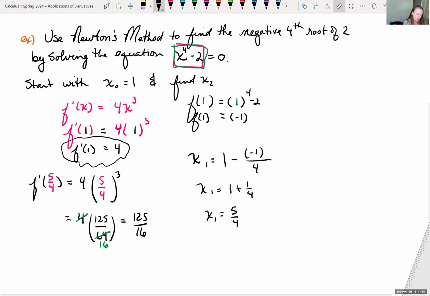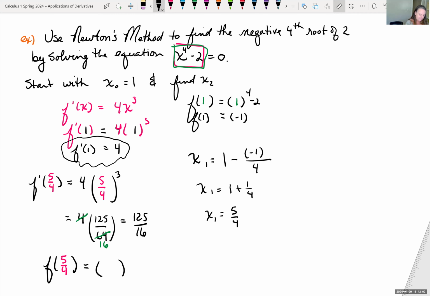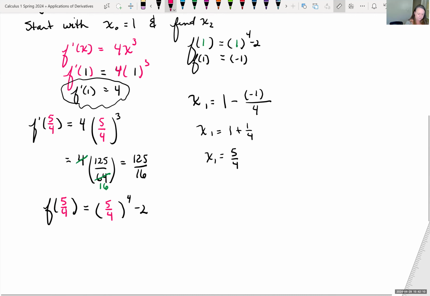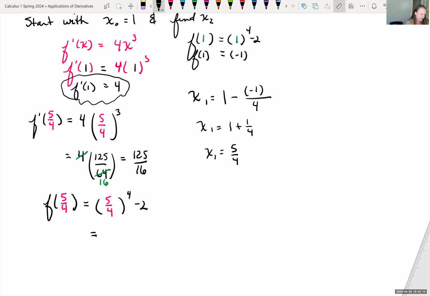We also want to find our original function at that 5/4. So plugging into the original function, we have 5/4 raised to the 4th minus 2. So simplifying, 5 raised to the 4th power is 625, all divided by 4 raised to the 4th power, which is 256.